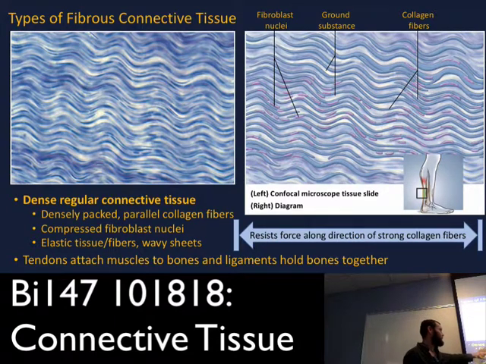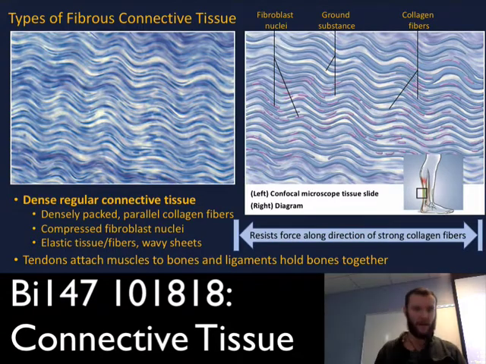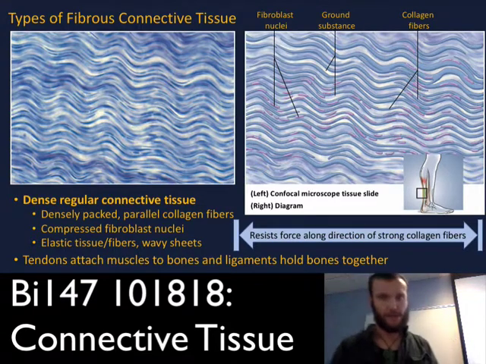Densely packed, parallel collagen fiber. There is some elastic tissue that helps it. This is what tendons and ligaments are made out of.